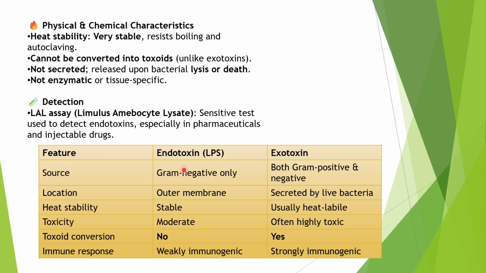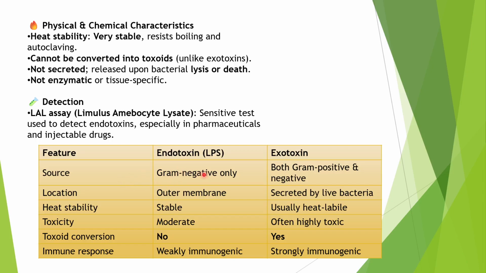So next we will further be talking about the differences between endotoxin and exotoxin, but just a basic understanding of it, so that you can easily remember if you compare both of them.